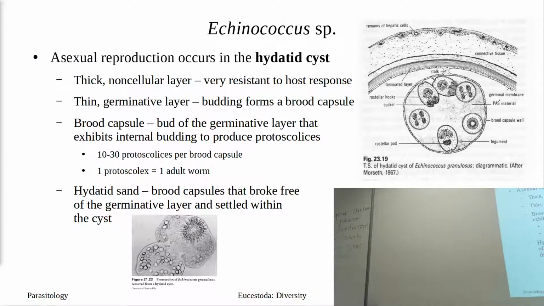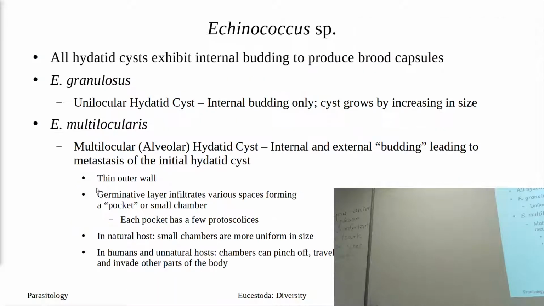Now, the difference between granulosus and multilocularis comes down to their budding behavior. All of them exhibit this internal budding. They're all going to exhibit these brood capsules with the protoscolices. If they didn't, you wouldn't have your protoscolex develop, and you wouldn't have the transmission.